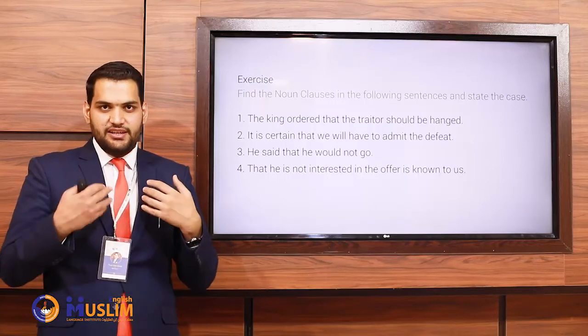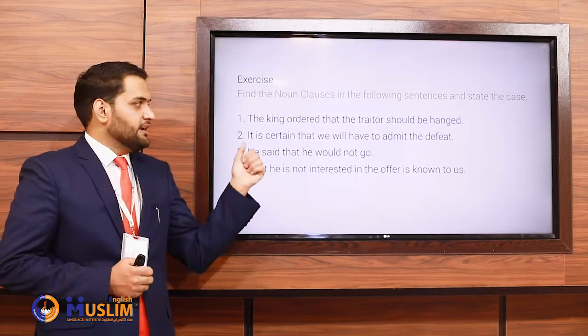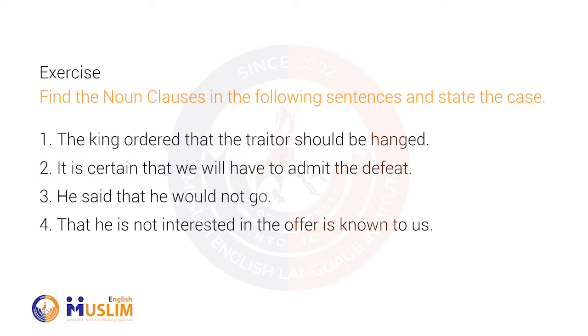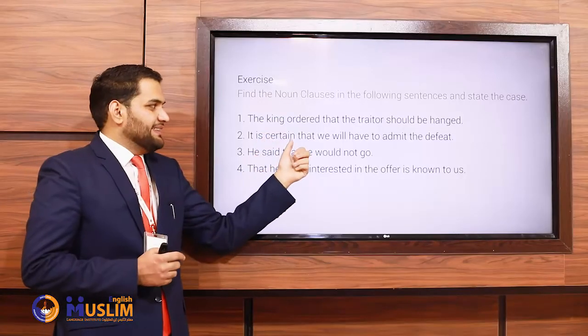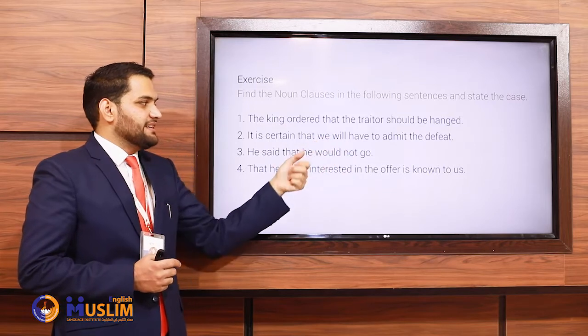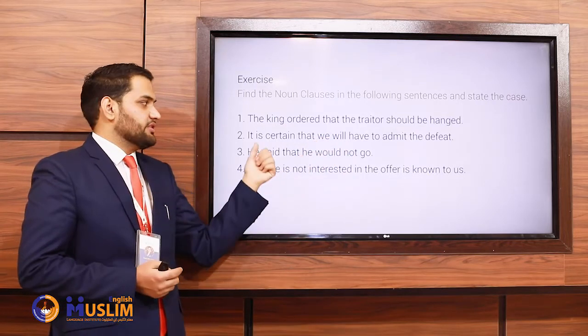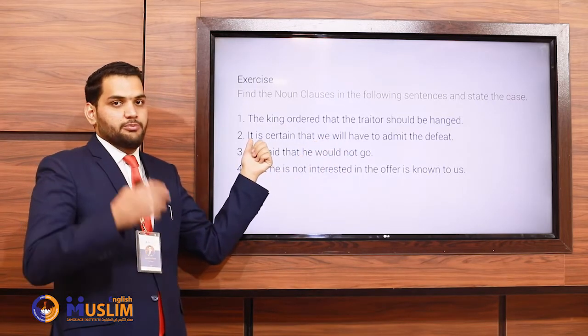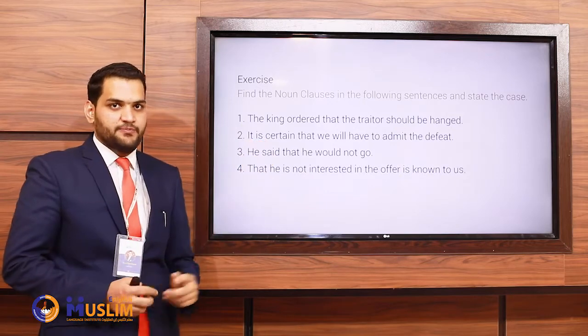Alright, now let me share the answers with you. Number 2, it is certain that we will have to admit the defeat. What is certain? That we will have to admit the defeat. This is the noun clause and it is used as a subject after the unreal or preparatory subject it.